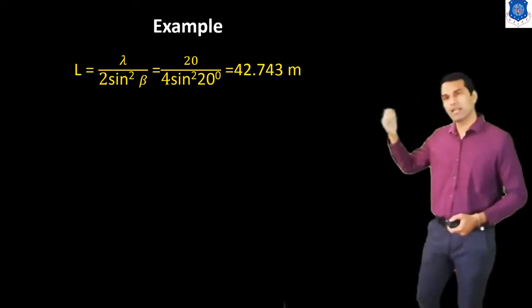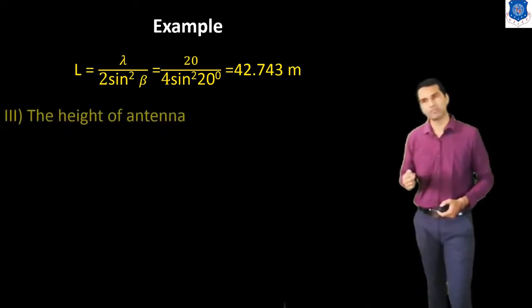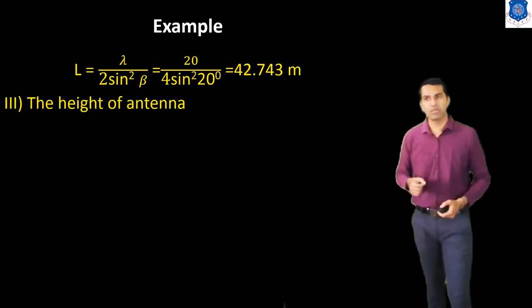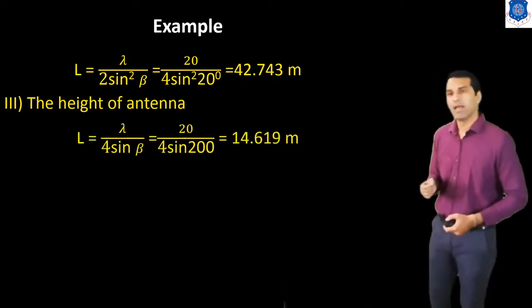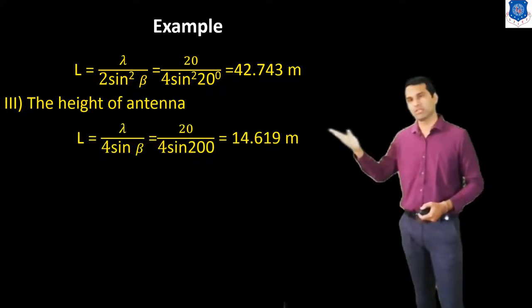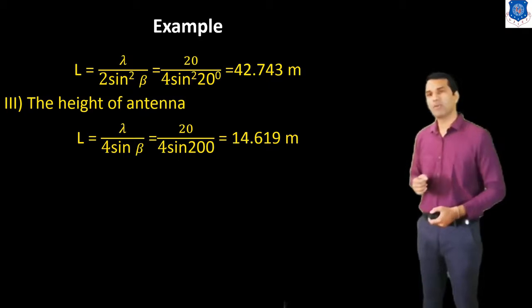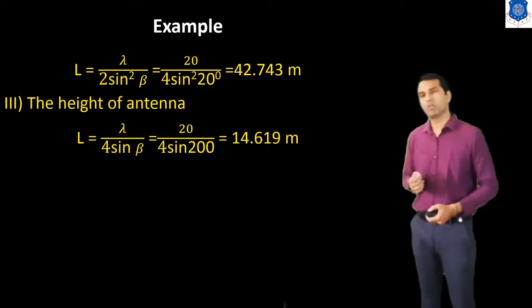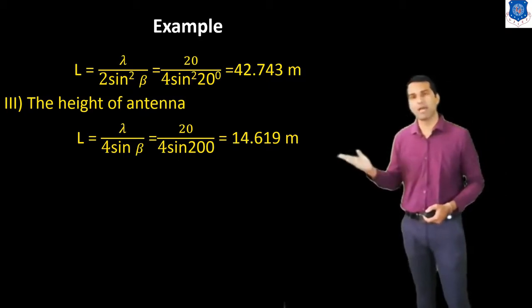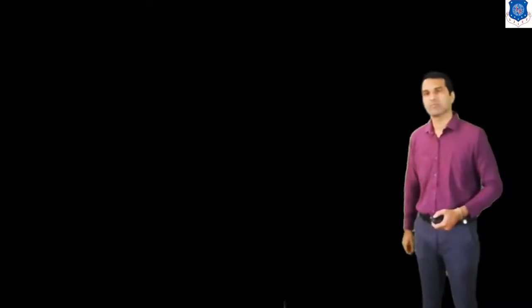So we get the leg length L = 42.743 meter. And lastly we have to calculate the height of the antenna. We just consider H instead of L. H = lambda upon 4 sin β. So when we put in the values of lambda and β, we get H = 14.619 meter.